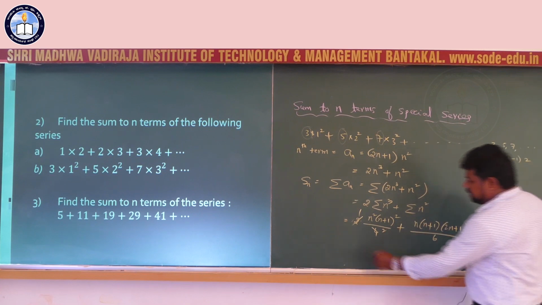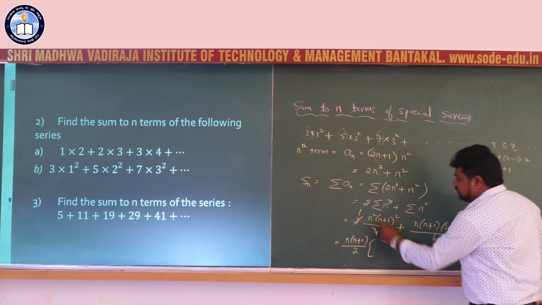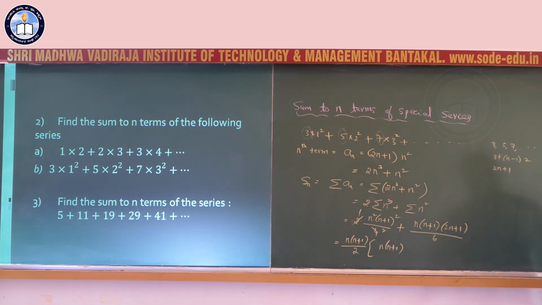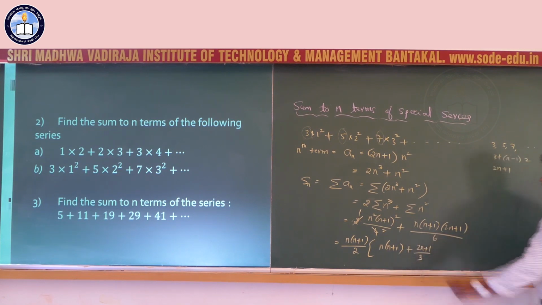Here n into n plus 1 by 2 common. Here n into n plus 1 remaining. Here 2n plus 1 by 3 is remaining.